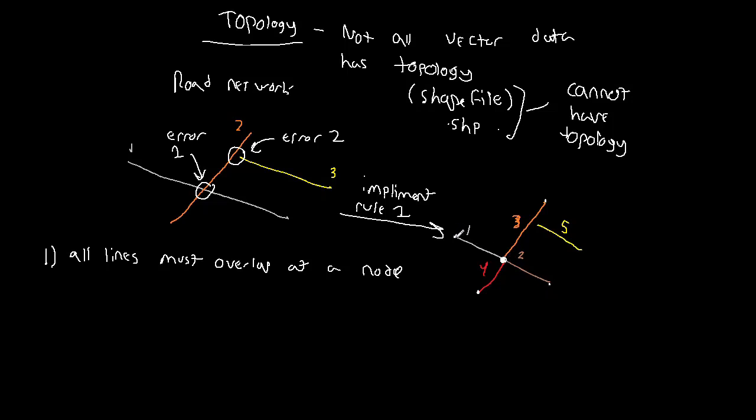And for routing, we know that we're able to go from here to here, turn, and go along this road. Right, so by saying all lines must overlap at a node, or put another way, lines cannot overlap, we have to have a node here. That enforces this idea that, hey, these 4 line segments now, or the original 2 line segments, communicate with each other.